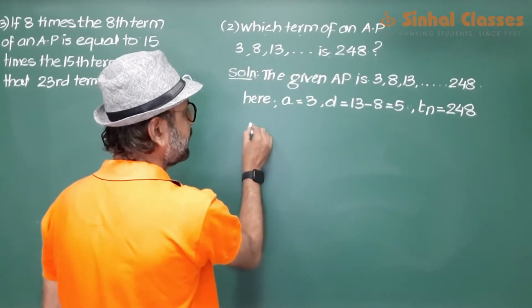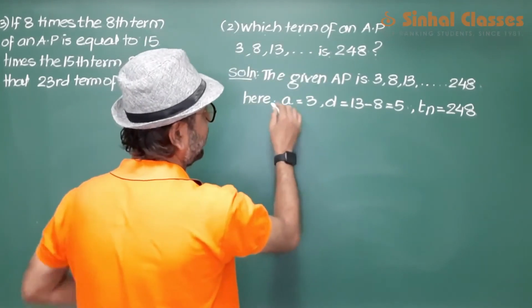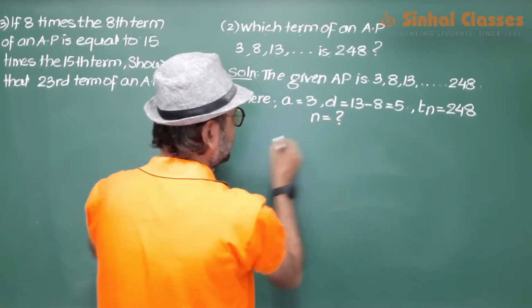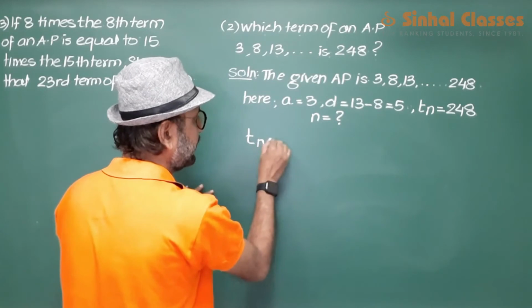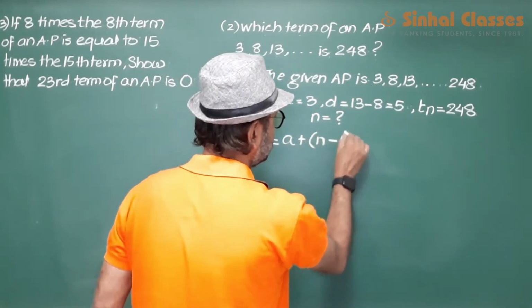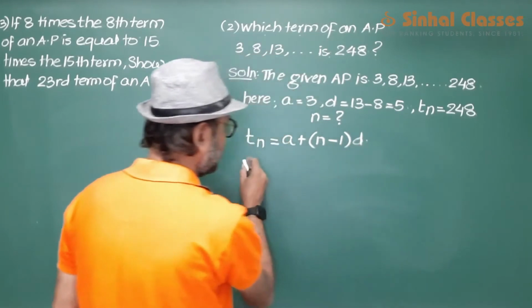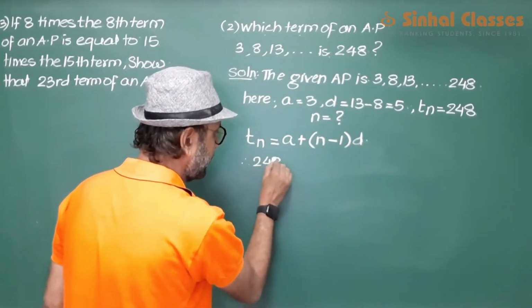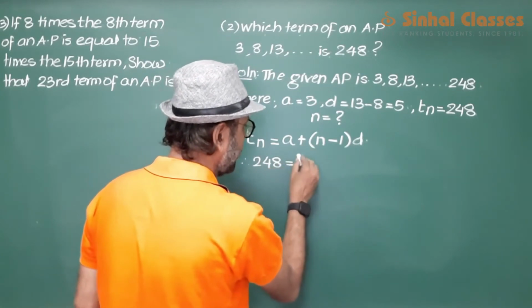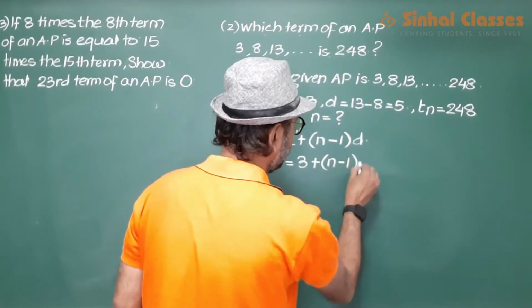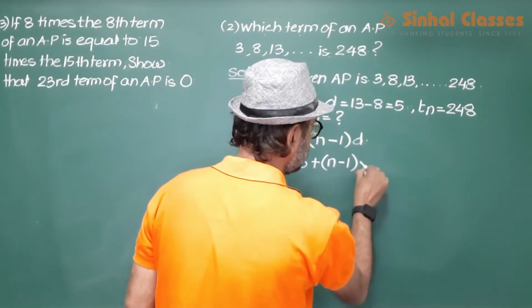Now we will use the formula and we have to find out which term of an AP. So obviously we are trying to find out n. We'll use the formula Tn is equal to a plus n minus 1 into d, so 248 equals a plus n minus 1 into d, which is 5.